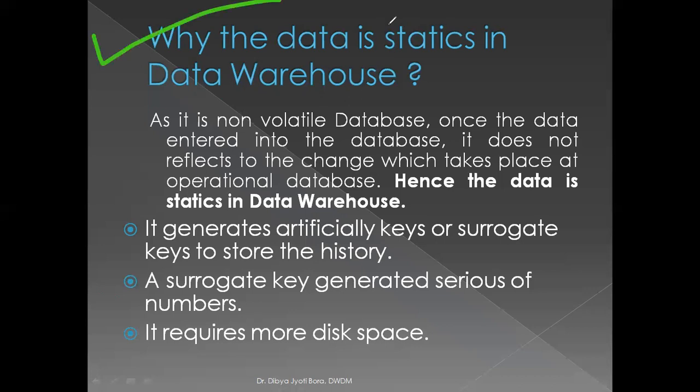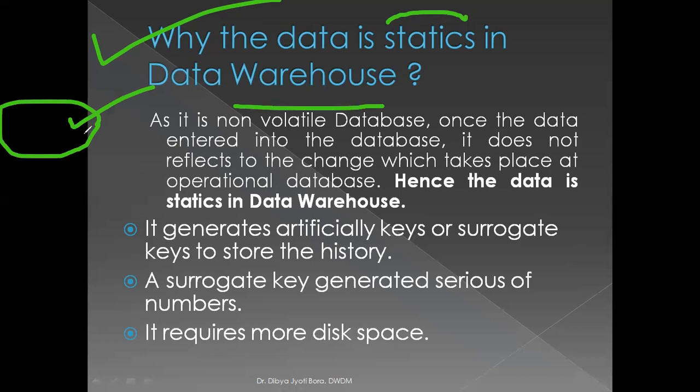Why is the data static in nature in a data warehouse? As it is a non-volatile database, once the data is entered into the database, it does not reflect the changes which take place in the operational database. What does it actually mean?